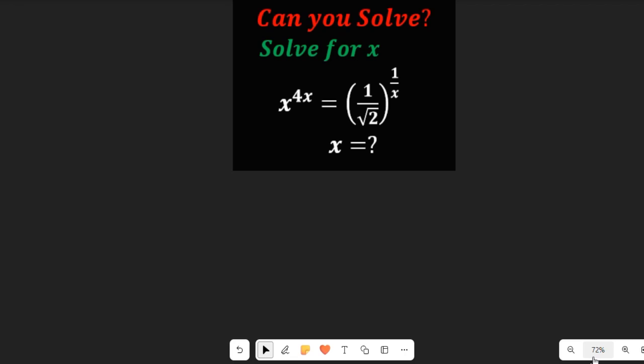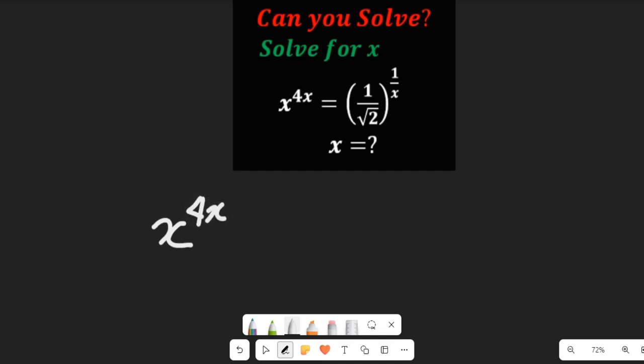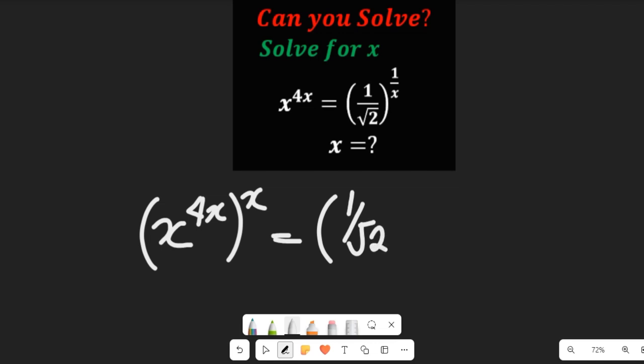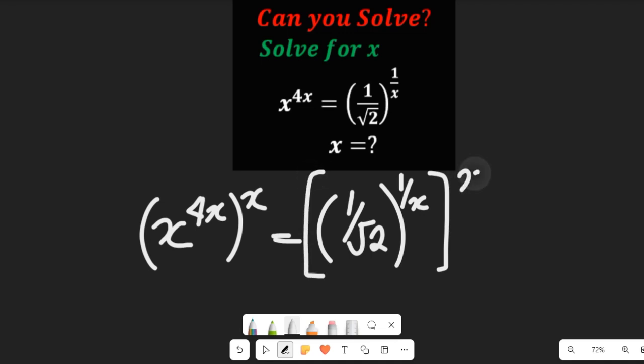Let's see. From that expression, I'm going to have x to the power of 4x, and this will be multiplied by x, right? And this will be equal to 1 divided by the square root of 2 multiplied by 1 divided by x, and all this will be multiplied by x.